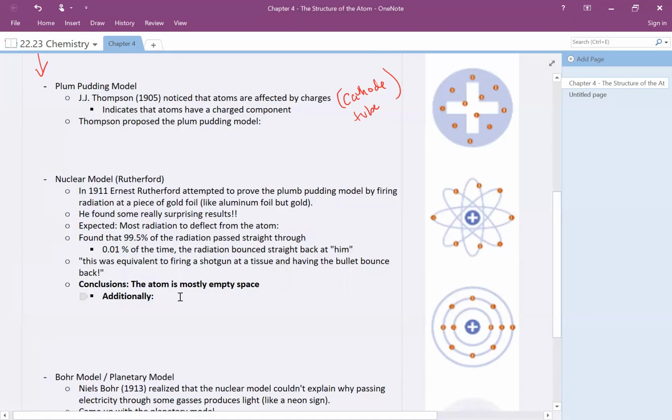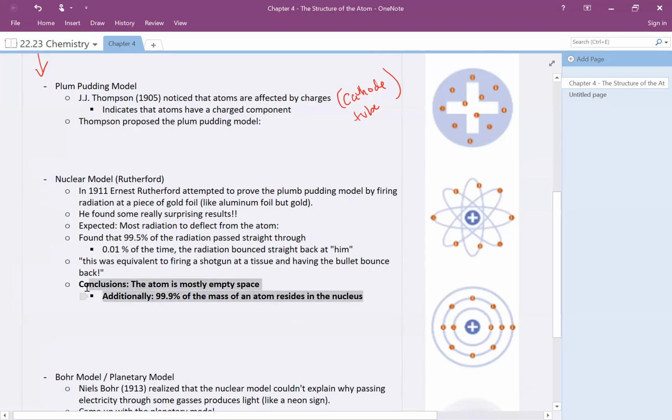And so he was able to conclude that the mass of the atom must be concentrated in a very small location. So Rutherford concluded that 99.9% of the mass of an atom resides in the nucleus.